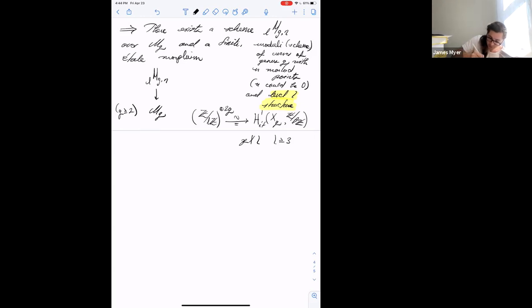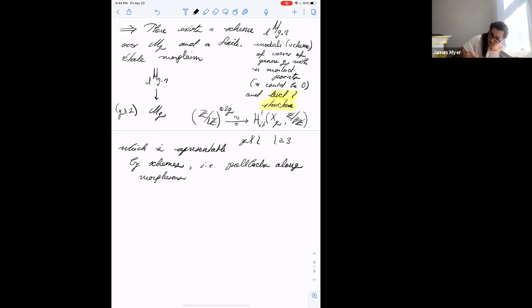So there's some finite étale morphism which is representable by schemes. What does that mean? That just means pullbacks along morphisms from schemes give schemes.